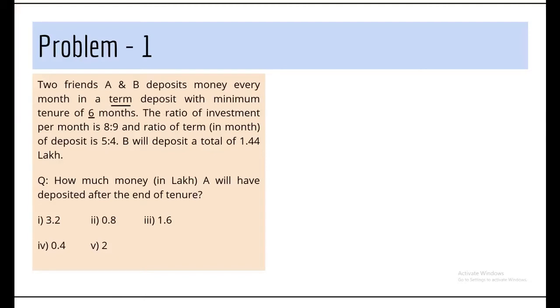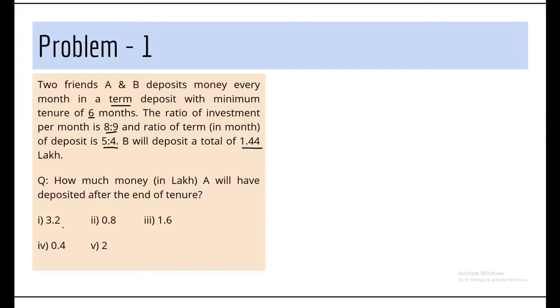The ratio of investment per month is 8:9, and the ratio of the term of deposit is 5:4. We are considering the term in months. B will deposit a total of 1.44 lakh. The question is how much money A will have deposited after the end of the tenure.